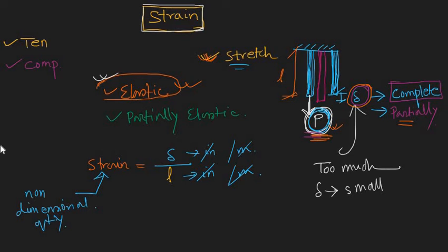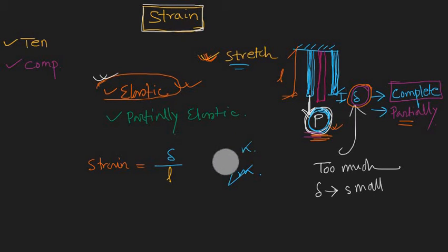So now it is clear what strain actually is, and now we will try to understand the interrelation between the stress that we learned in the previous lesson and the strain that we have learned just now.